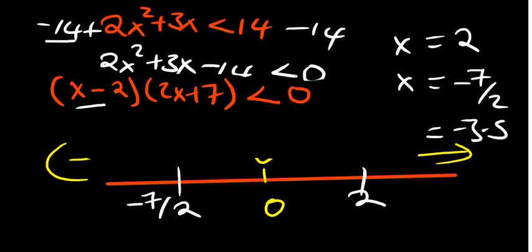Are we together? So let's try out above 2. Above 2, what can we get? We can get a 3, right? So if you plug in there, 3 minus 2, what do you have? It's a 1. Then where there is x, put a 3 to be 6. 6 plus 7 is what? 13.